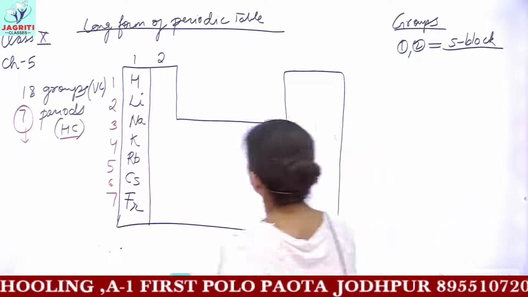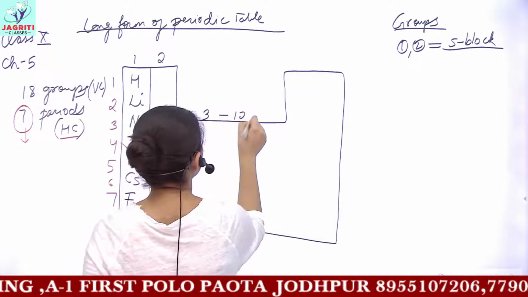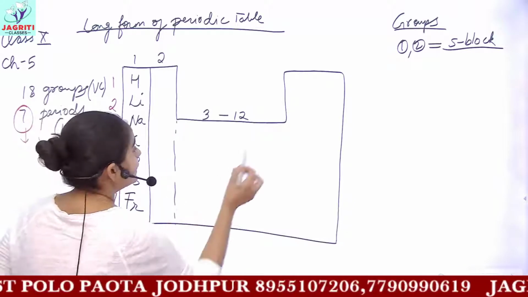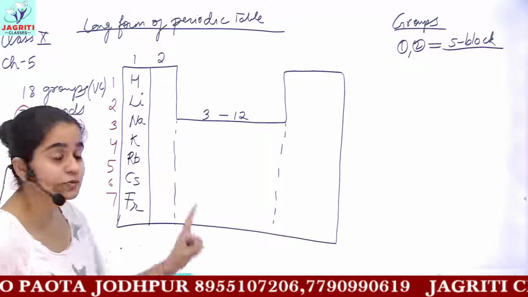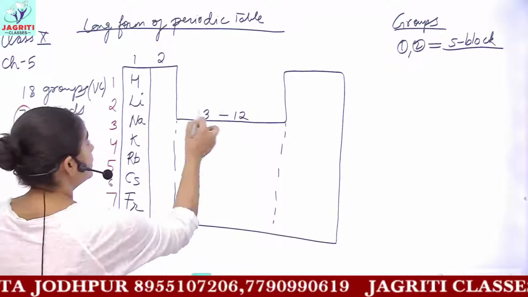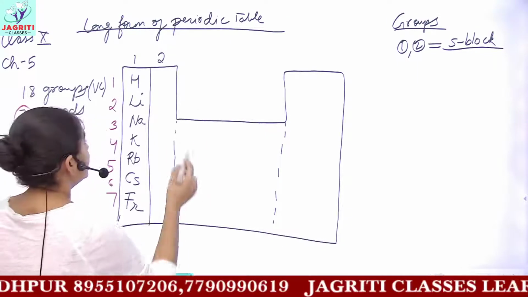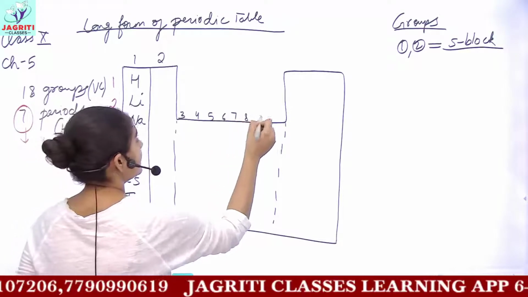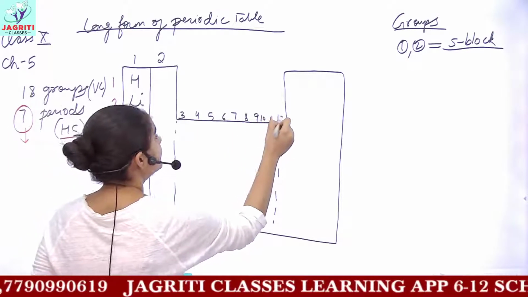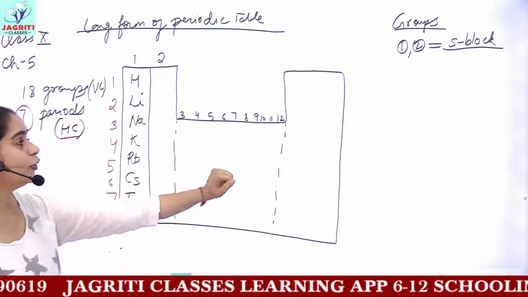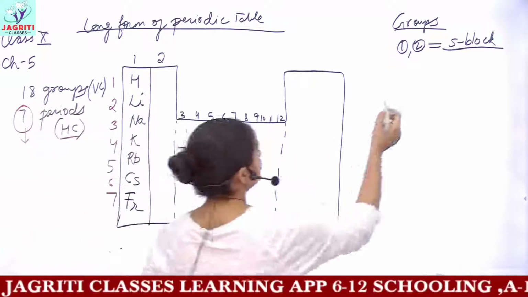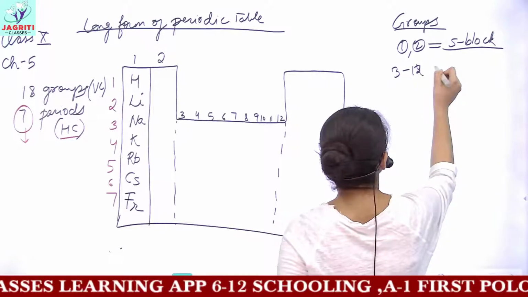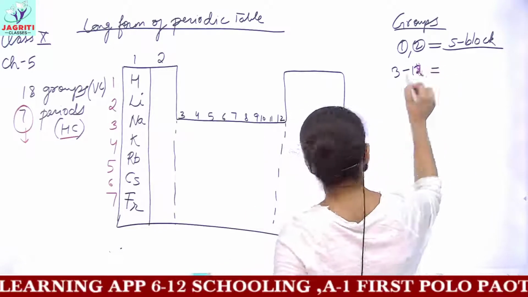Then the groups from group number 3 to group number 12, all the elements which belong to these groups: 3, 4, 5, 6, 7, 8, then 9, 10th, 11th and 12th. This complete set is known as your D block, that is, group number 3 to group number 12 is called the D block of elements.